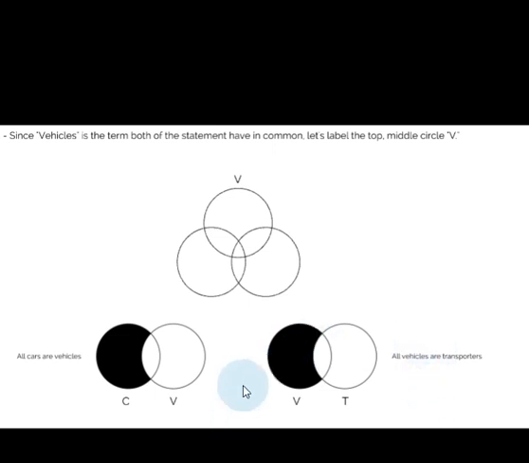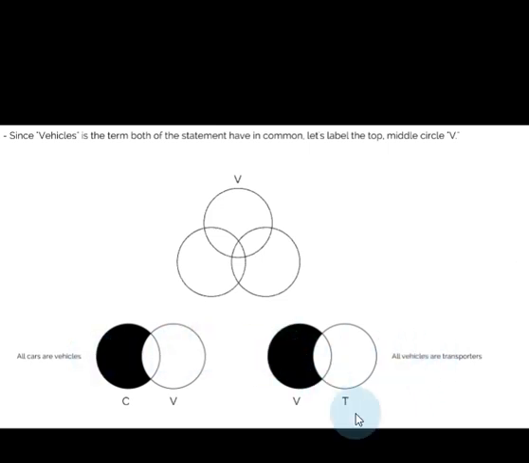So this is very important. You see that top one, the top middle circle, is always going to get the name of whatever both of them have in common. That's called the middle term. Okay? Does everybody see this? We have two statements. They both involve vehicles. They're also different. This one involves cars, and this one involves transporters, but they both involve vehicles.